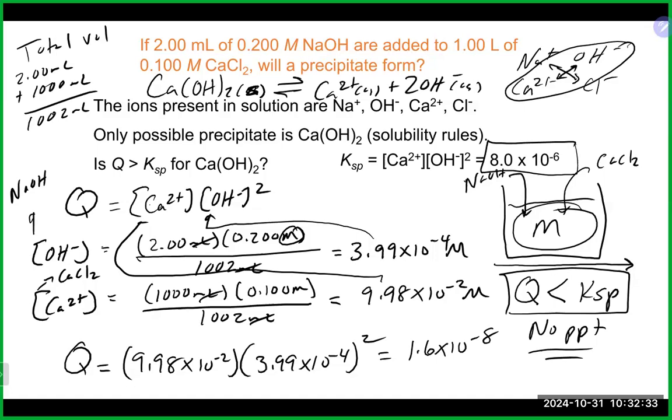So this is another really important example of what affects solubility. Even though solubility rules tell you if you put these two ions together, you should get a solid, a factor like whether you have the right concentration of those guys is really important. If you don't have the right concentration, you will not see that solid form.